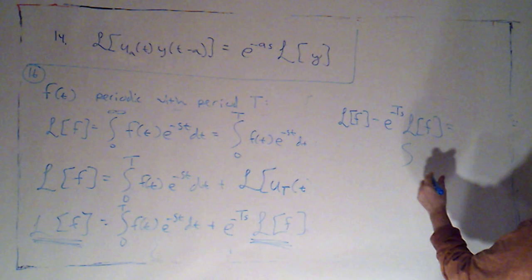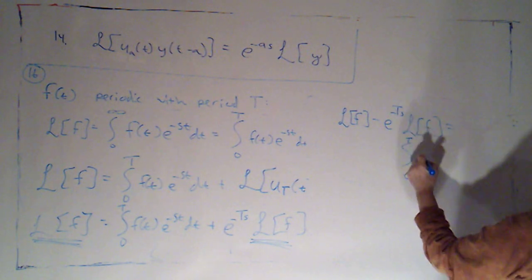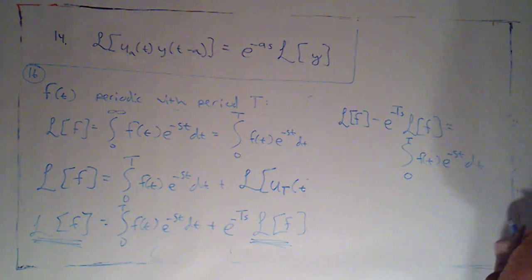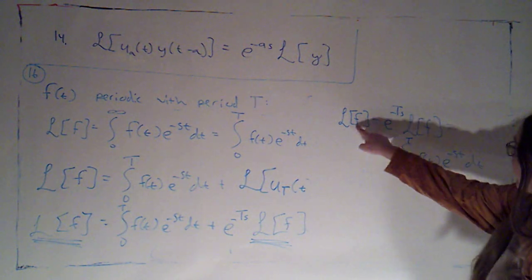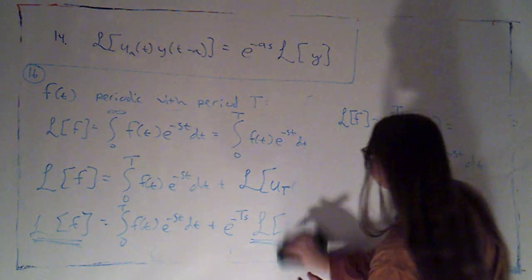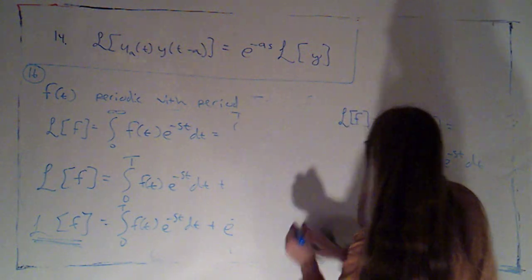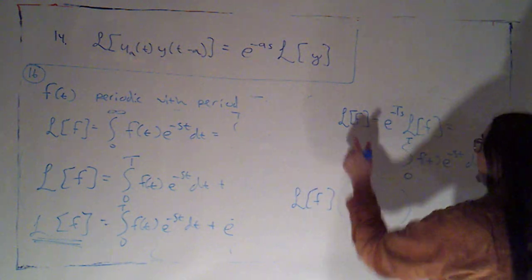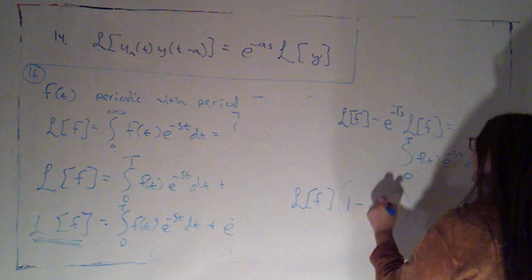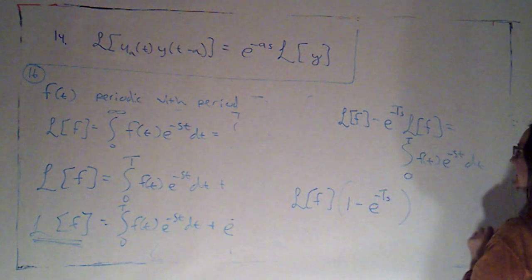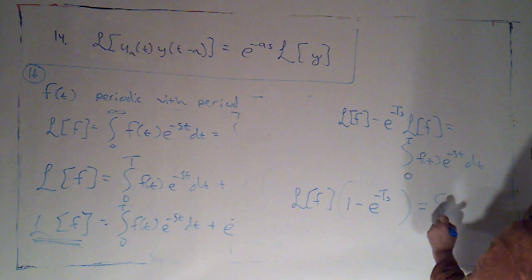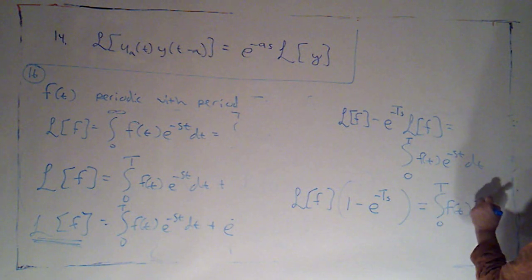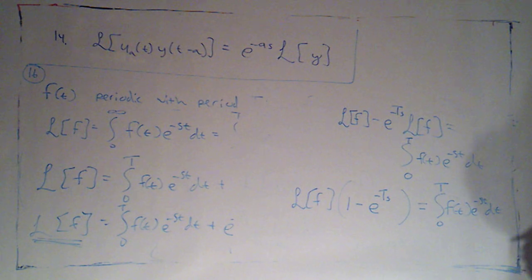All of that's equal to the integral from 0 to capital T of little f of t e to the negative st dt. But now I can factor out that Laplace transform. So the Laplace transform of f is being multiplied here by 1 minus e to the negative Ts, and that's equal to the integral from 0 to capital T f of t e to the negative st dt.